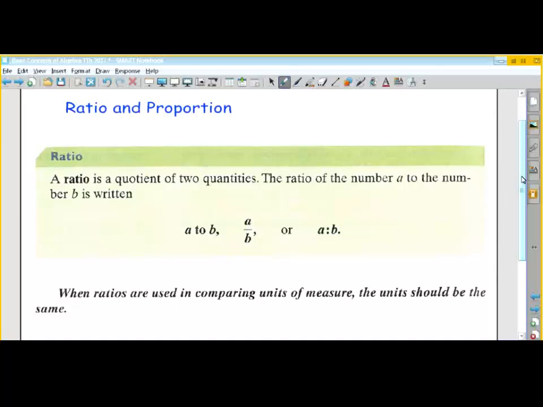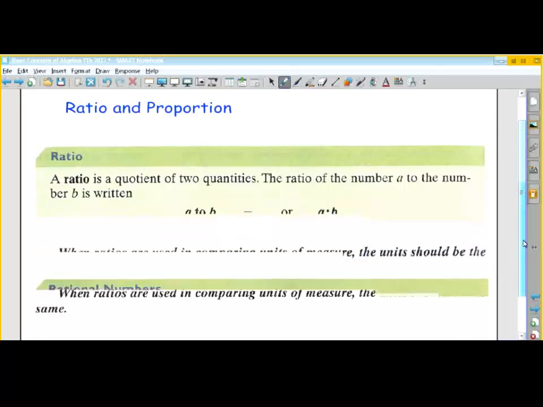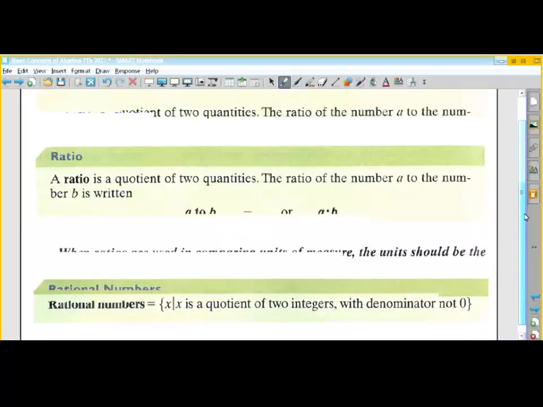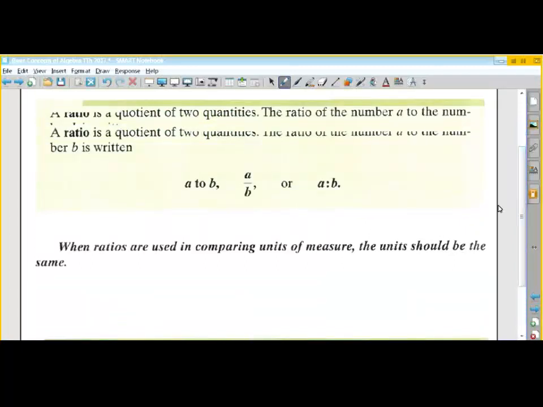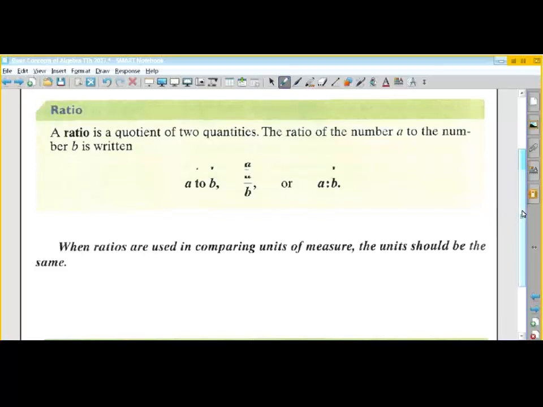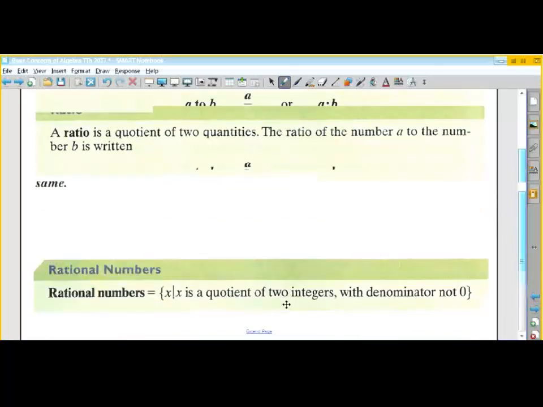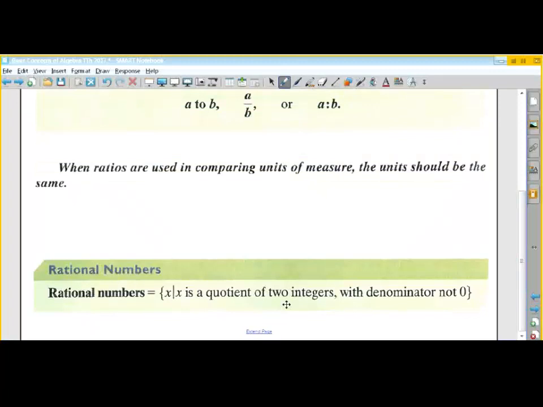And it says when ratios are used in comparing units of measure, the units should be the same. So if you look at the problem and something is given in cups and teaspoons, you've got to convert either cups to teaspoons or teaspoons to cups. You can't just blindly use the numbers without thinking about units. And ratios are rational numbers, which have to be the quotient of two integers.